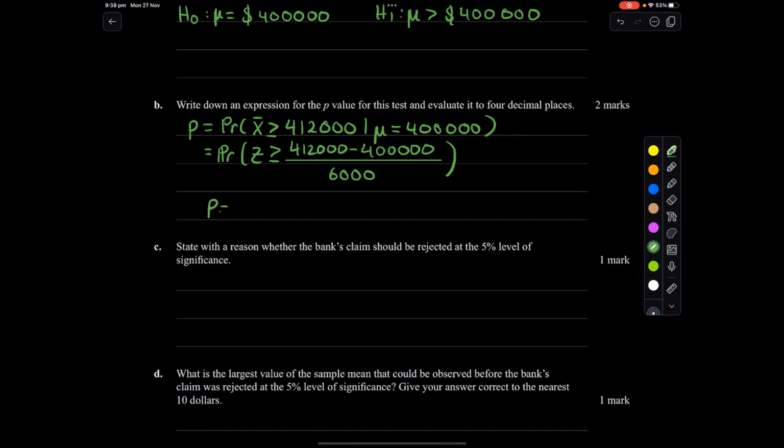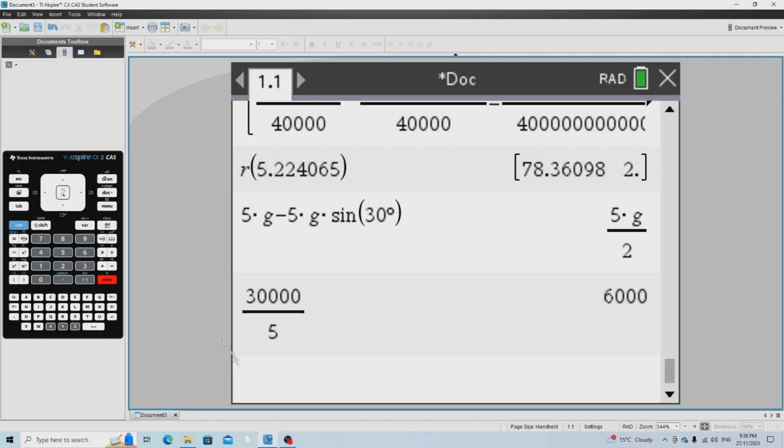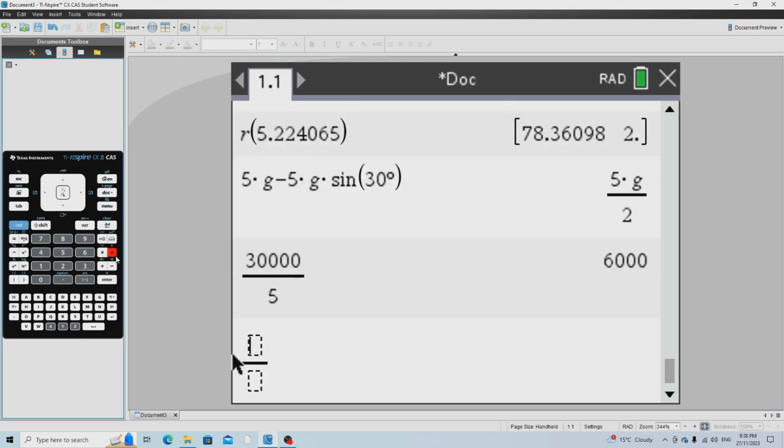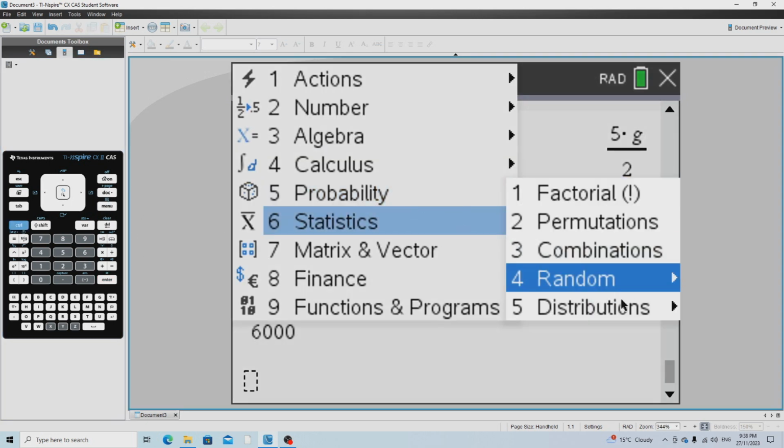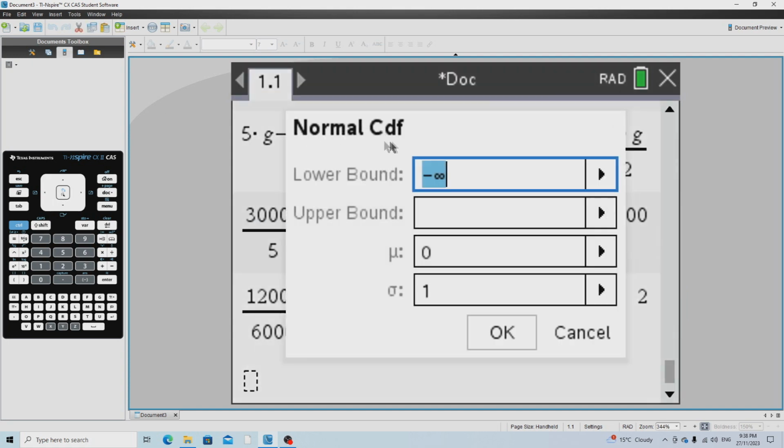Then what's your p-value? Let's calculate that using our calculator. First, 12,000 divided by 6,000, which is just 2. Knowing this 2, I'm going to go to probability distributions, normal CDF. We're saying 2 to infinity, using the normal distribution.